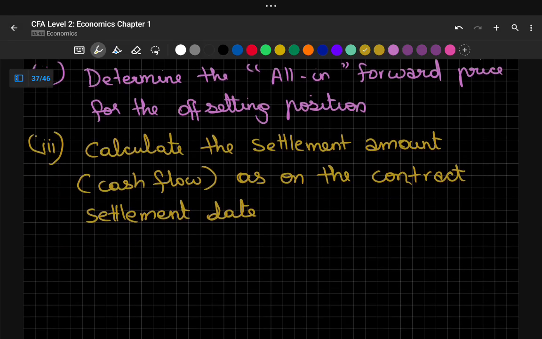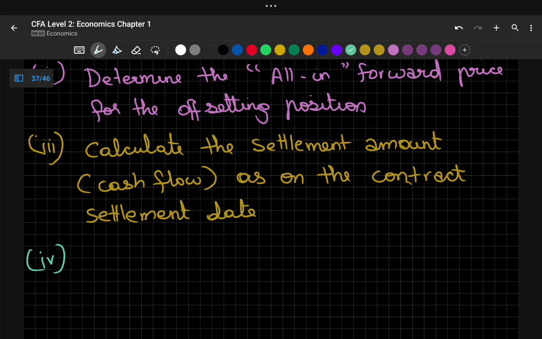Now, once you have calculated that, then you have to discount it to the date on which you are closing the position or offsetting, or you wish to get the MTM value. To get that value, you have to discount the cash flow.